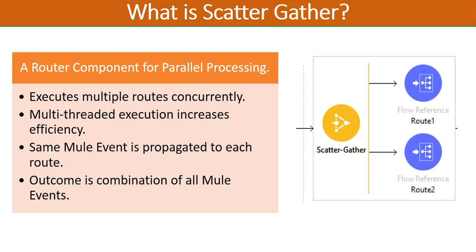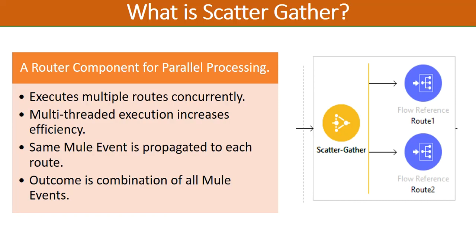This router component is available in your core module, and what it does is provide you options to execute multiple routes concurrently. In a typical scenario, when we have multiple processors in our message flow, they get executed sequentially.